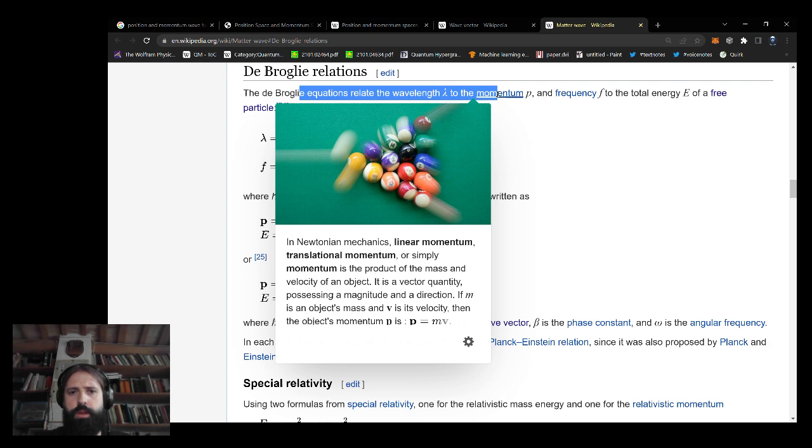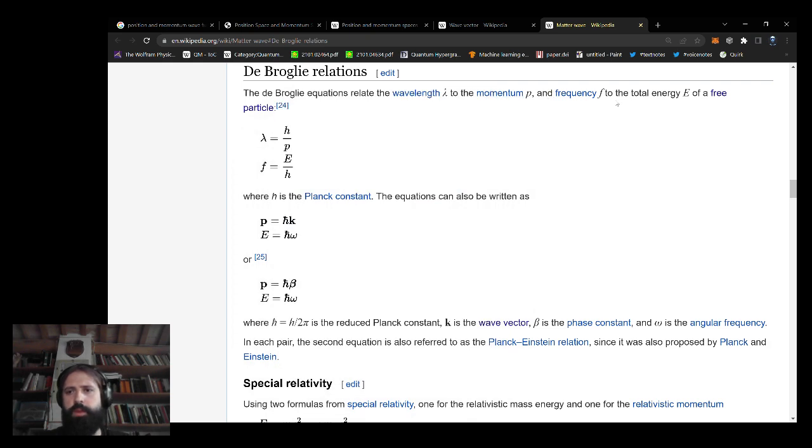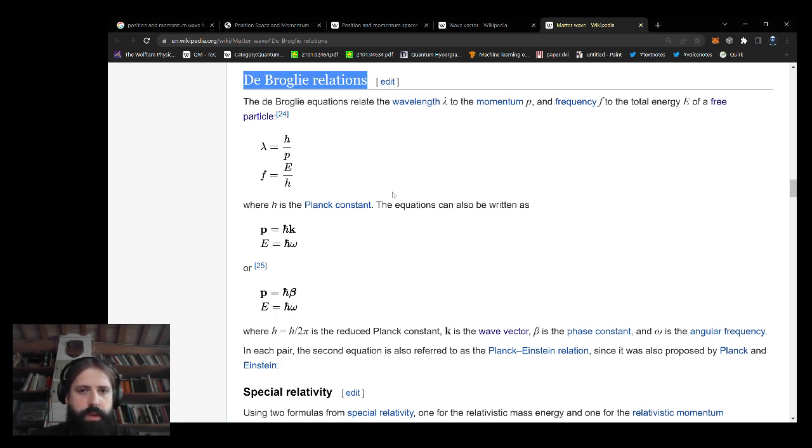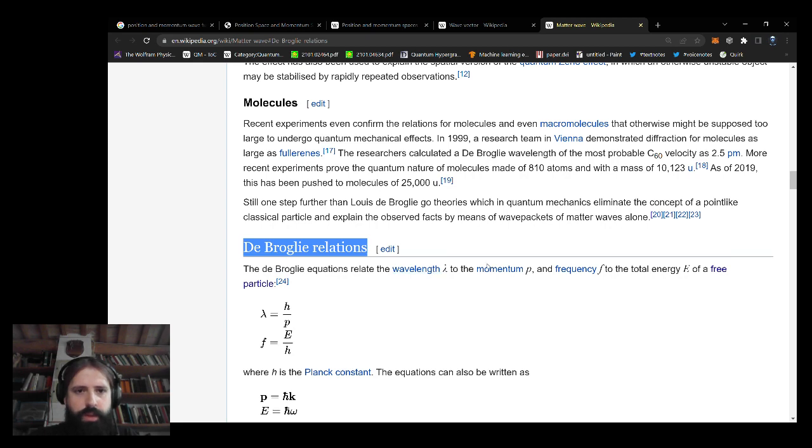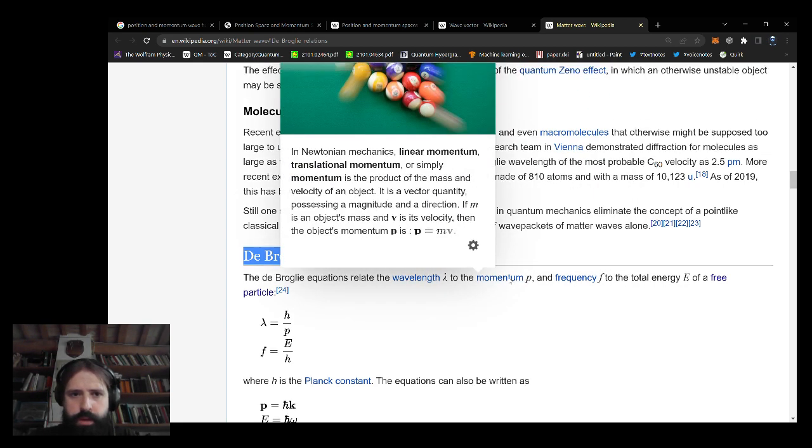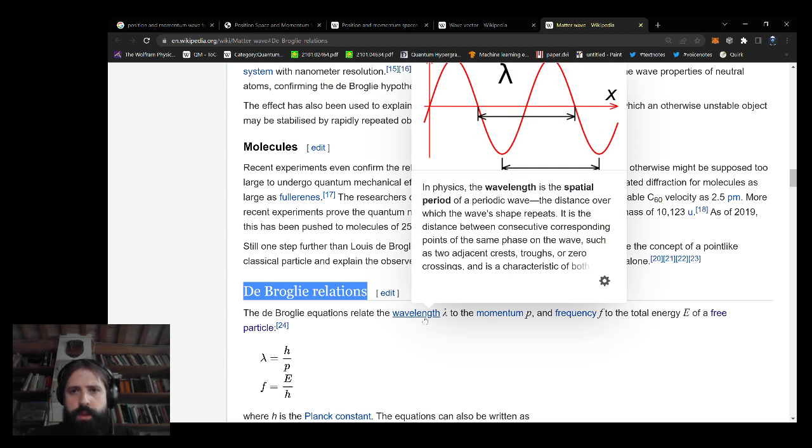Wavelength to the momentum and frequency to the total energy of a free particle. Maybe I should dig into the de Broglie relations a bit more, because these seem to be quite key concepts, like they relate wavelength to momentum. So the wavelength would be directly related to the momentum.